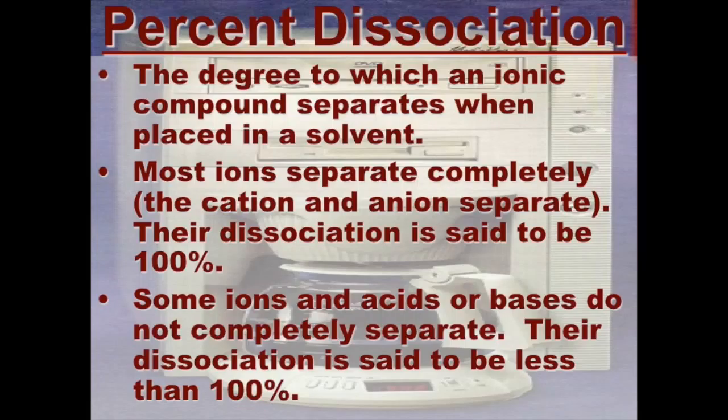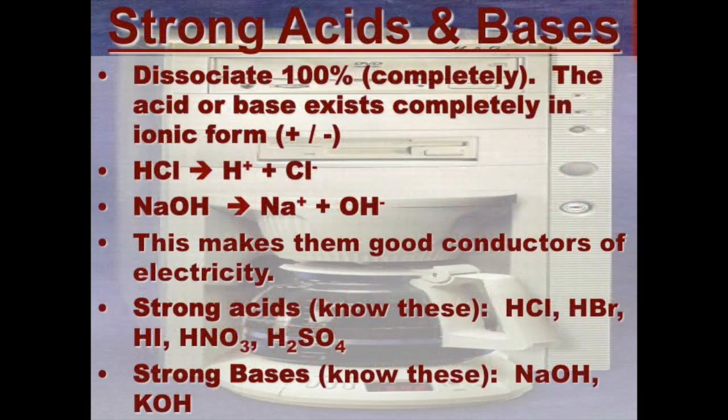However, some of our acids and bases do not completely dissociate into a solution. So their dissociation is less than 100%, and therefore they are weaker acids and weaker bases. So here you can see we have examples.